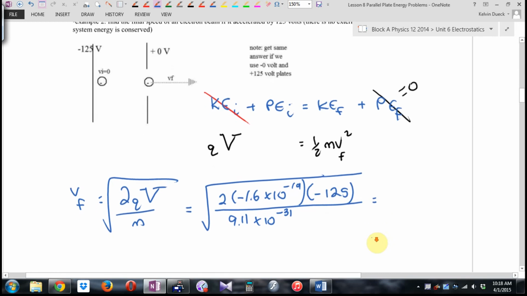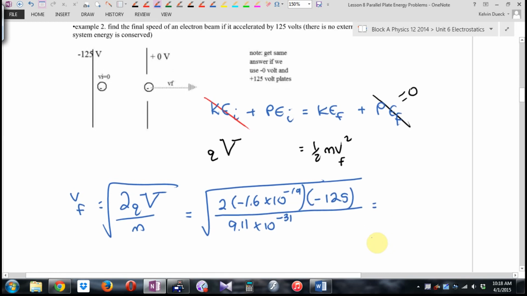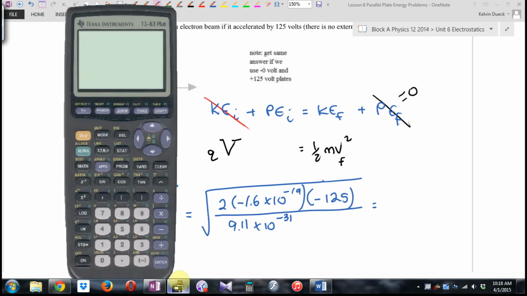How fast will we be going? Did I type that in right? Negative, square root. 6.63 times 10... 1, 2, 3, 4, 5, 6. 6.63 times 10 to the 6th.